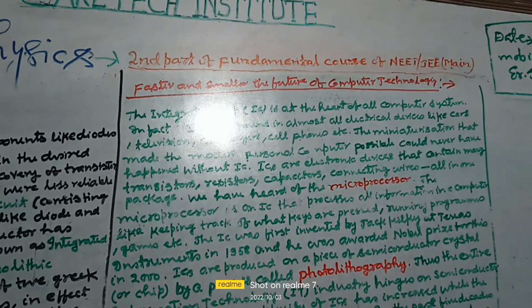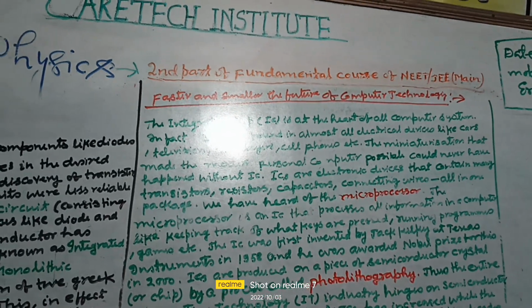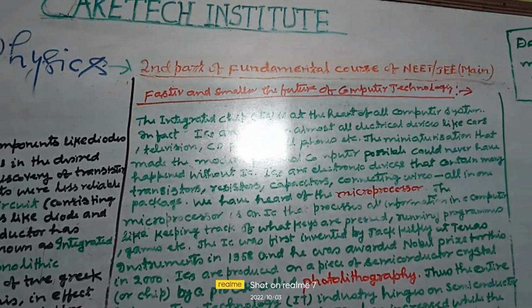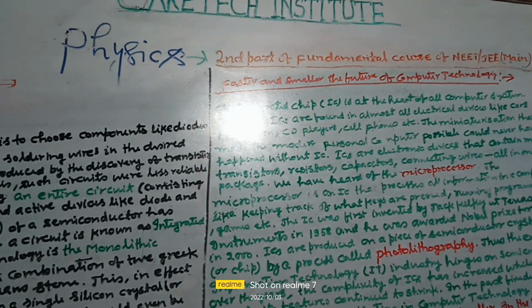ICs are electronic devices that contain many transistors, resistors, capacitors, and connecting wires all in one package.